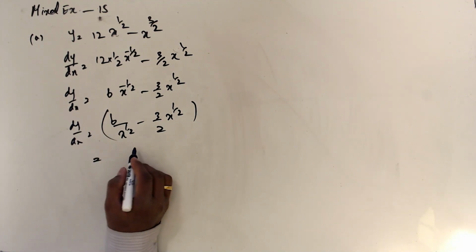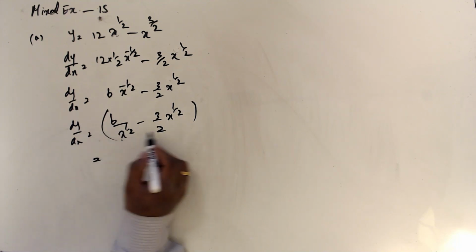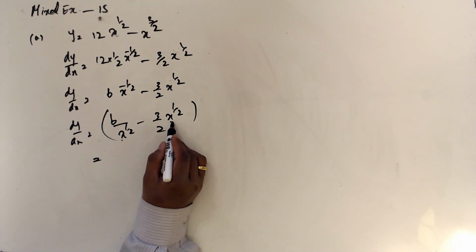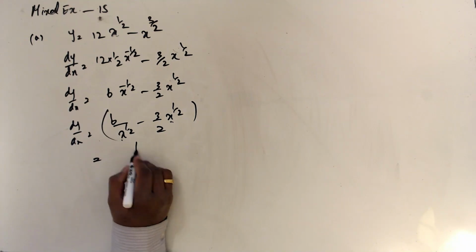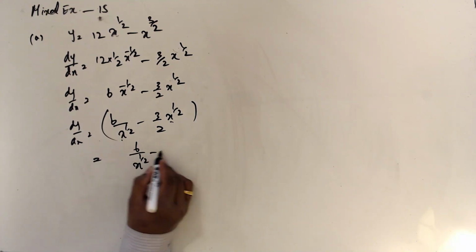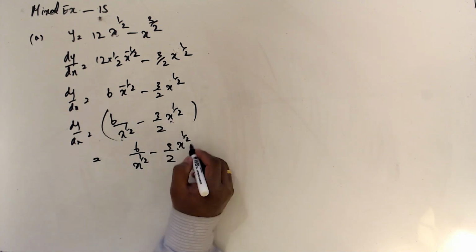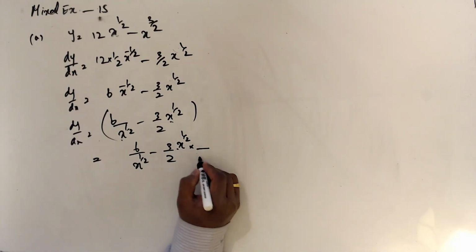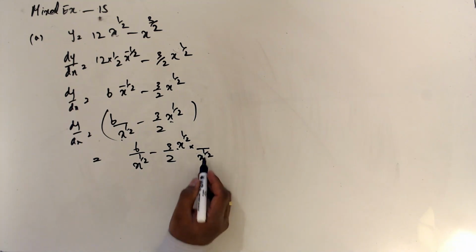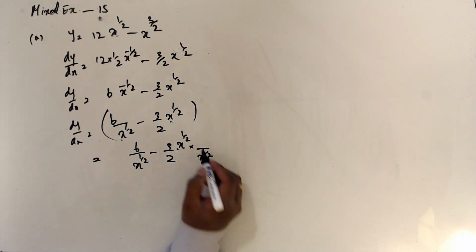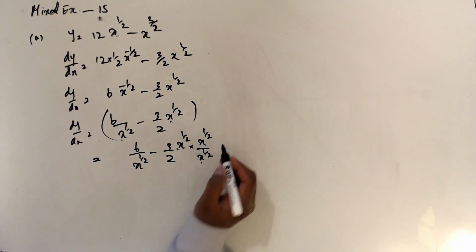I can take x to the half out, but there is no x to the half to take out. So I will write 6 x to the half minus 3 over 2. This x to the half is there. Then I will introduce it in the denominator and numerator.